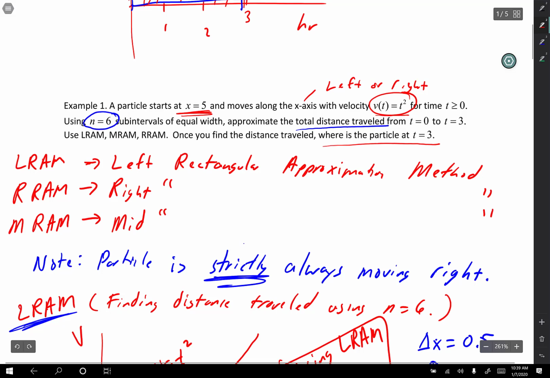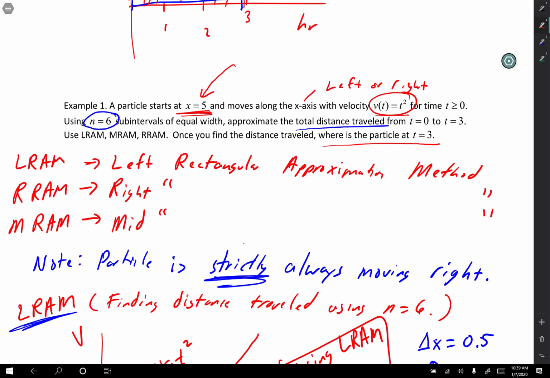Okay. Look, guys, here's a big deal. Where did I start initially? 5. And the distance traveled is 9 units. So if you move 9 units to the right, what's my new position? 14. Does that make sense?